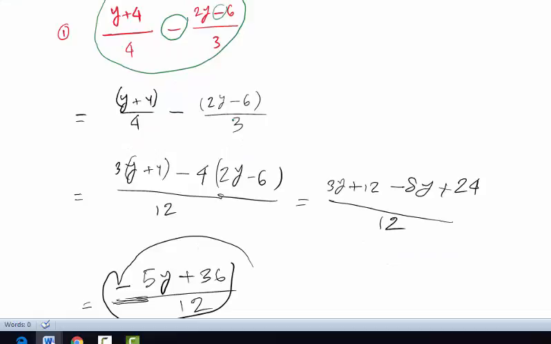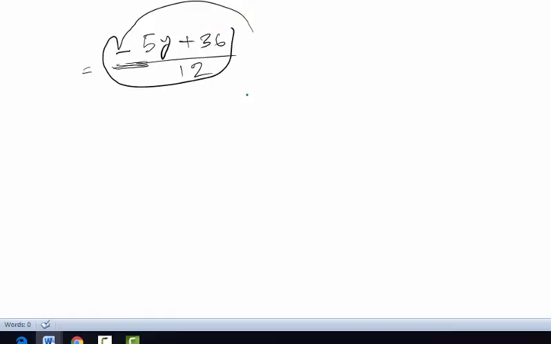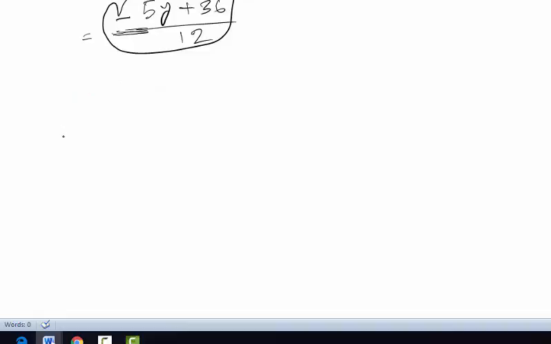So that's all for today. This is for the algebra section of the GRE, and this is the first class. The takeaways are: number one, to simplify an expression, remember parentheses, exponents or roots, multiplication, division, addition and subtraction.